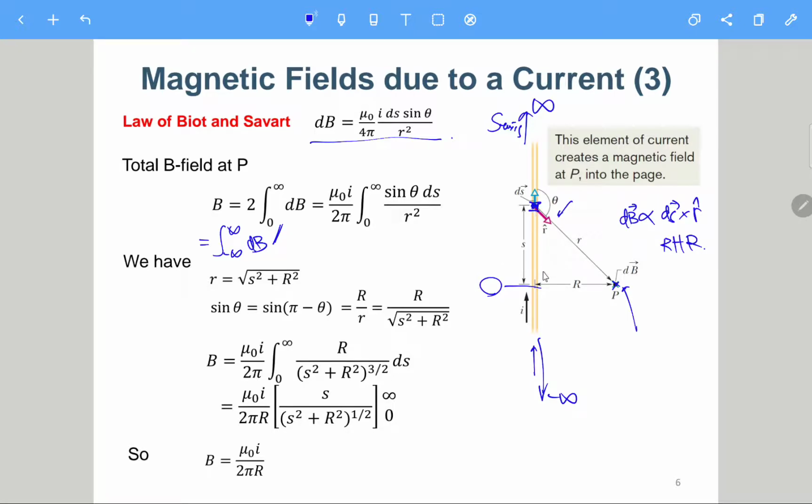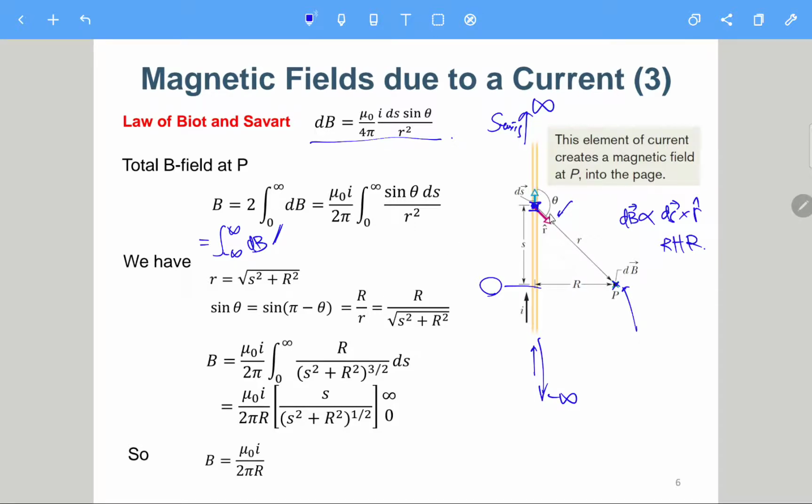Using the Pythagorean theorem, we know that small r is the square root of s squared plus capital R squared. And then sine theta: we know that sine theta is sine of pi minus theta.